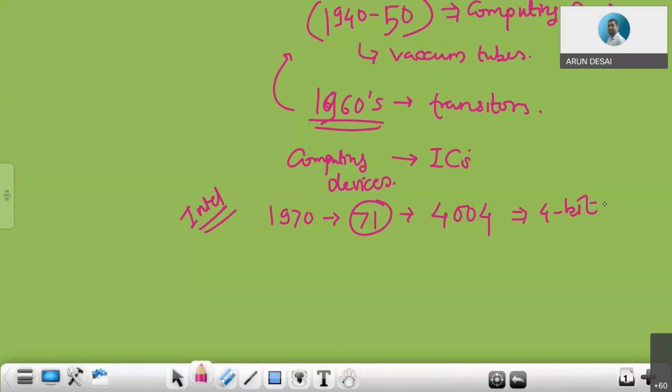Then in 1973, 71 to 73, there was again a development. They came up with PMOS technology, which is used for low cost, and some speed was added.